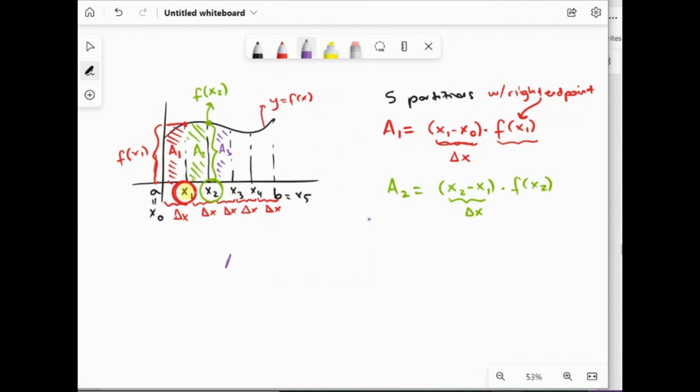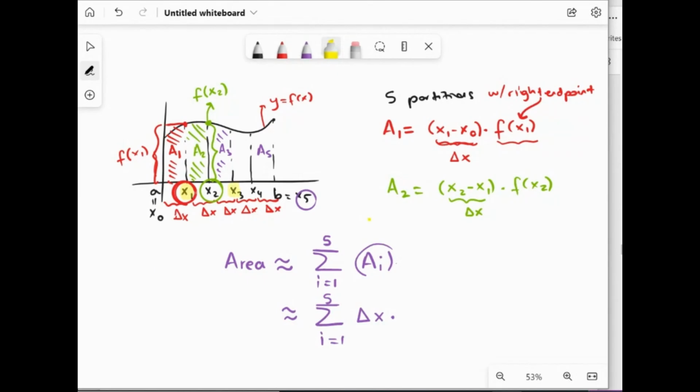A4, and A5. So you can say the total area is approximately the sum of these areas where the index changes from 1 to 5, in this case, right? A1, A2, A3, A4, A5. And what was the formula for Ai? Let's plug it in. Each subrectangle's area can be found by multiplying the width, which is constant, delta x, times the height.